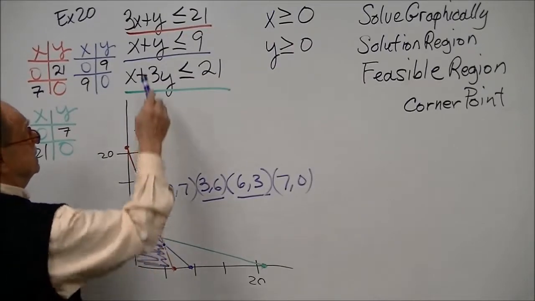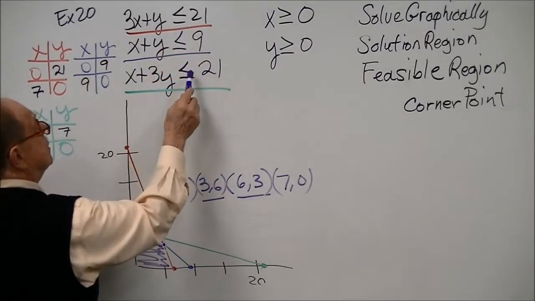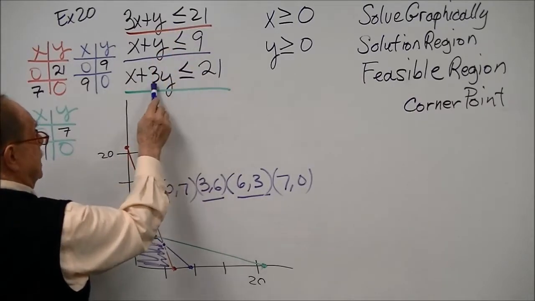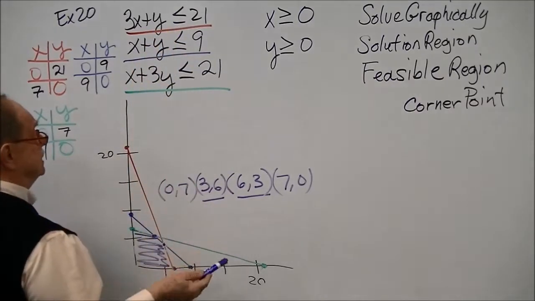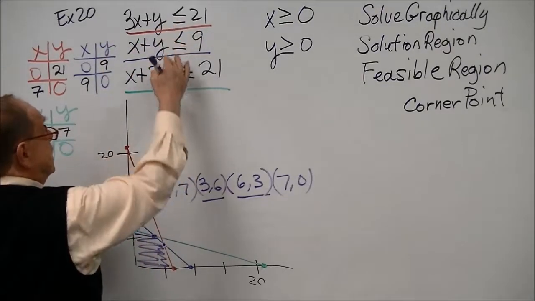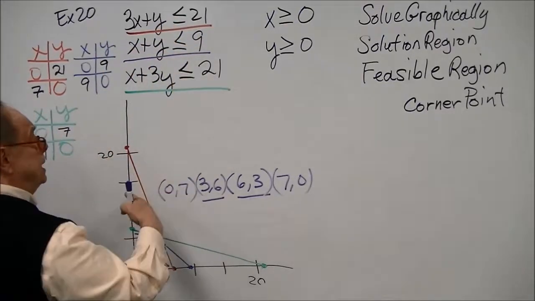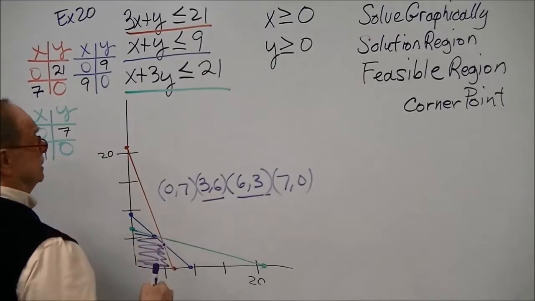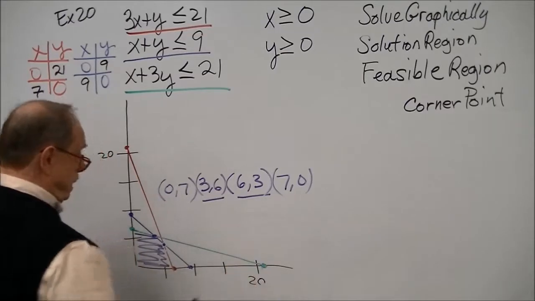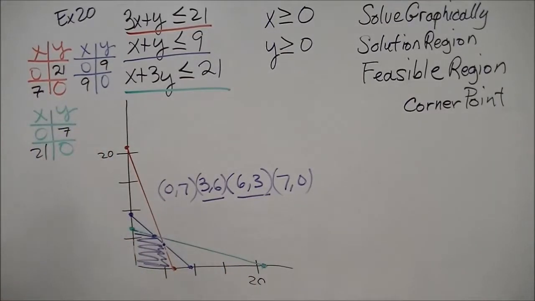Now, the key to this is that each of these inequality symbols are less than, and all our y values are positive. So that once we draw the lines, they're going to be solid lines, we're shading under the lines. And this just puts it in the first quadrant.